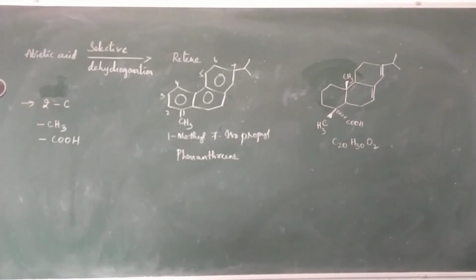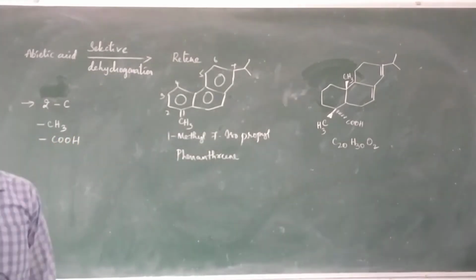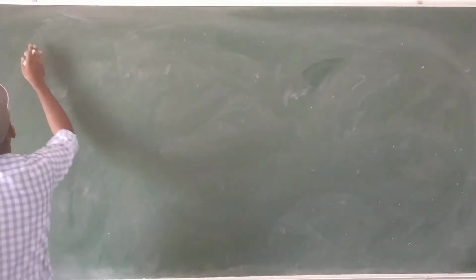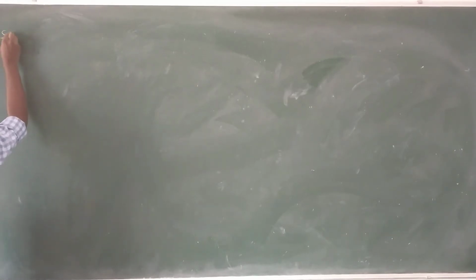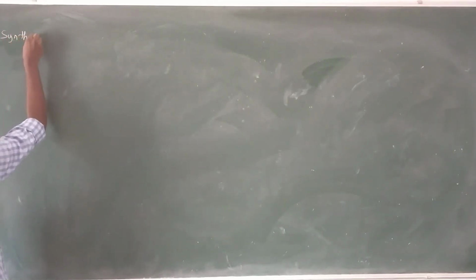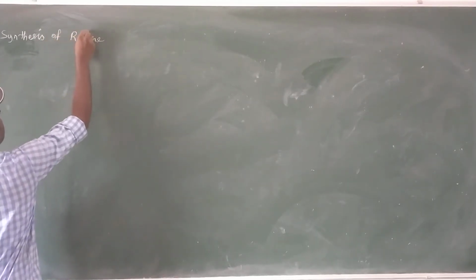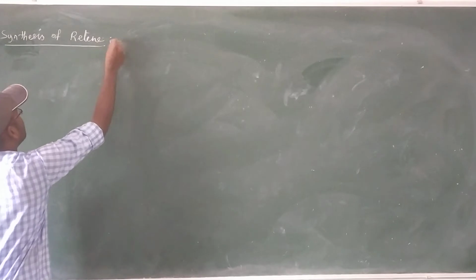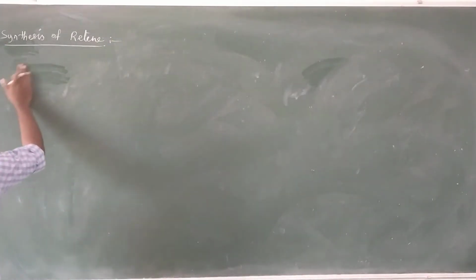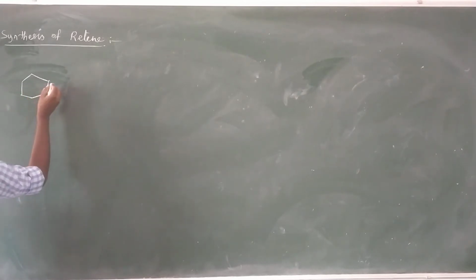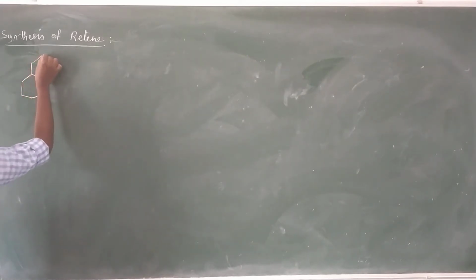So first let's see the synthesis of retene. Now let's see the synthesis of retene. The first reactant is naphthalene.